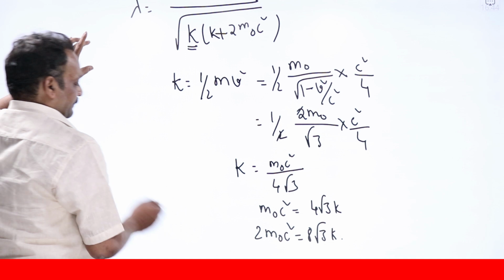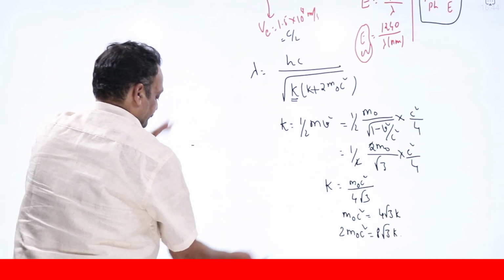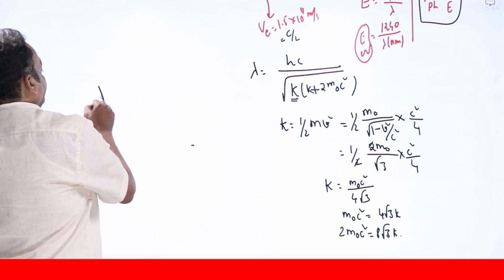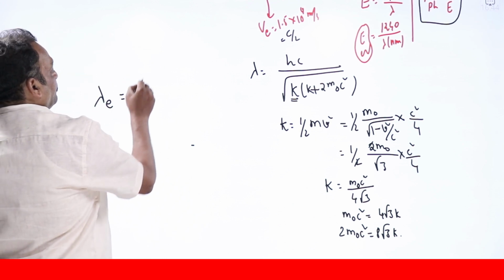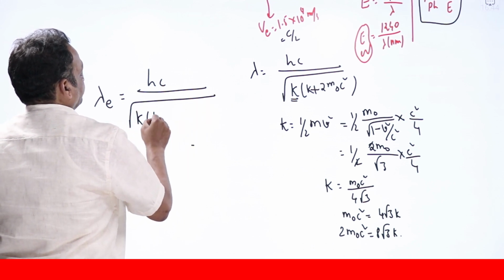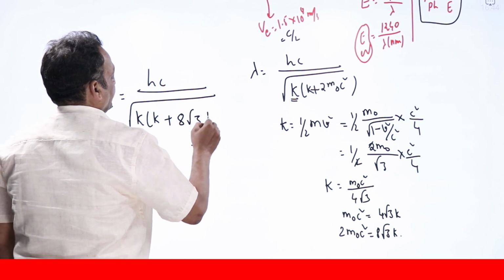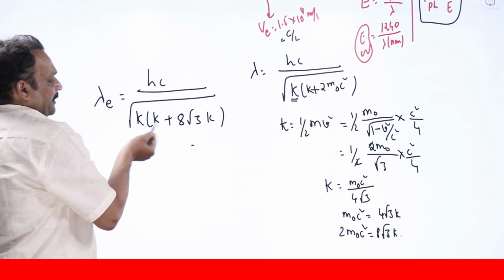We'll get the de Broglie wavelength of the electron. So the de Broglie wavelength of the electron is equal to hc by under root k into k plus 2m naught c square, which is 8 root 3 k. Now take k common.